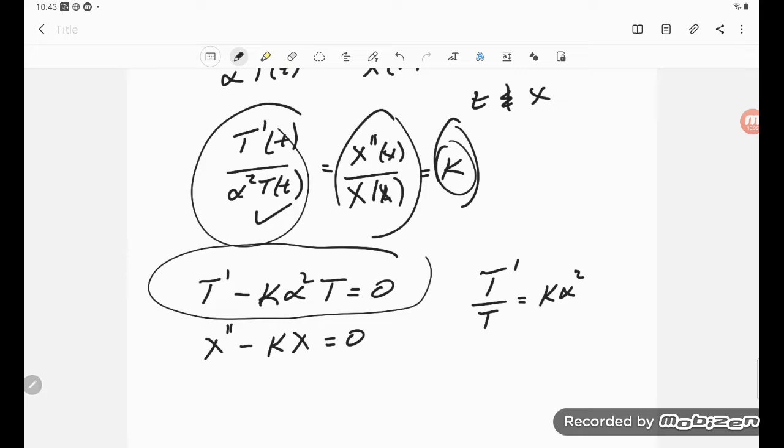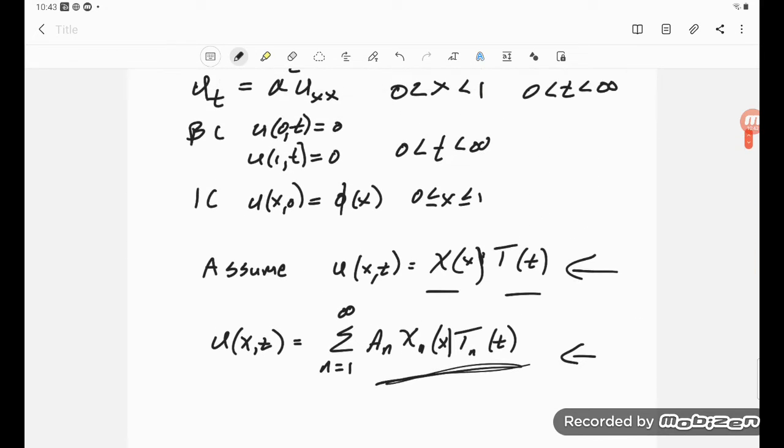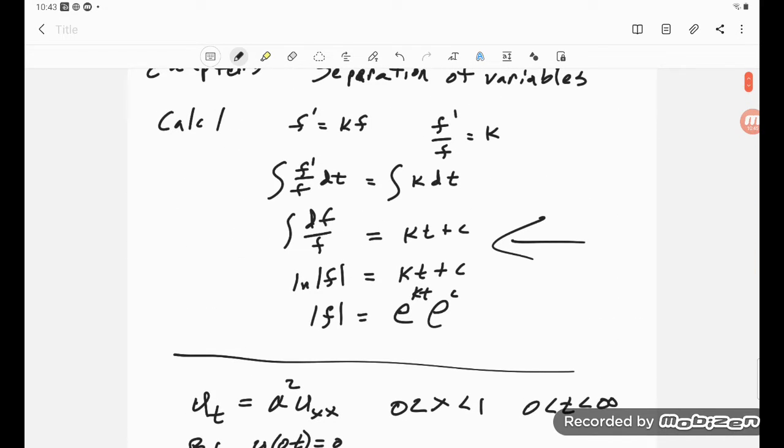And so what we see back here is that k here in this case is either positive or negative.